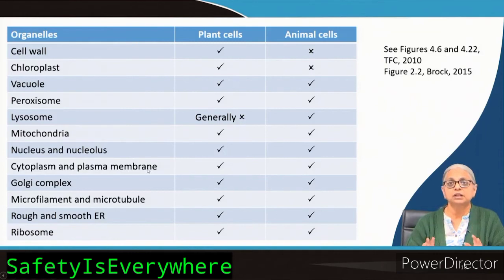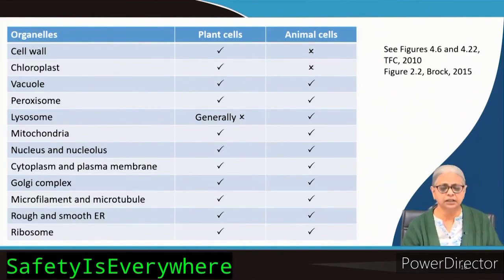All of them are generally present in both plant as well as animal cells. There are good graphics in the textbooks that I've recommended here, so you can refer to any of them at any point.